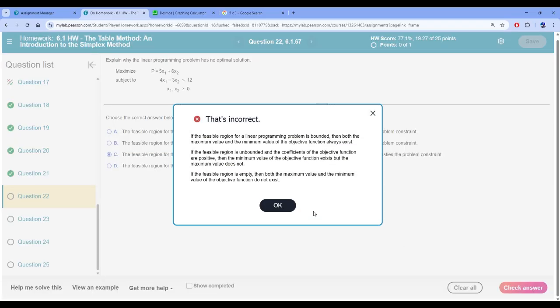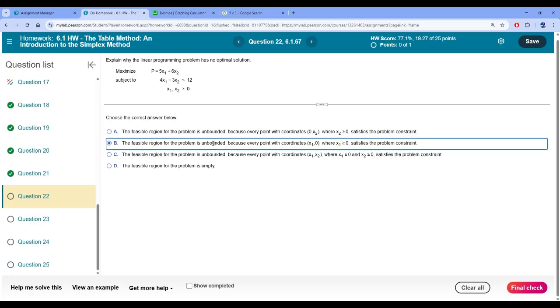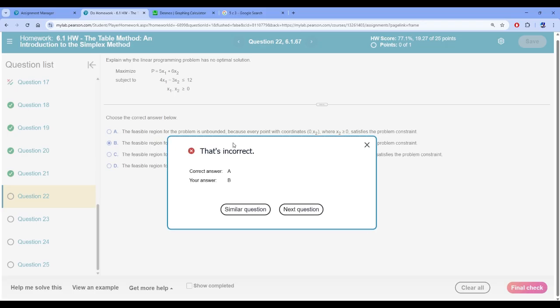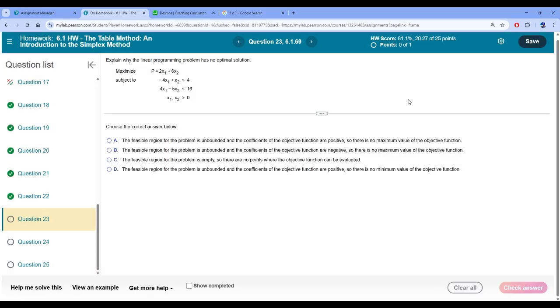Because every point is, nope. It's unbounded. Correct answer: the feasible region is unbounded because every coordinate... Oh, that's what I thought. Similar question. I knew that it was unbounded. Where x2 is greater than 0, where x1... Yep. Basically, we're saying y equals mx plus b, and it's a line, so if there's no second point, it goes on forever, unbounded.